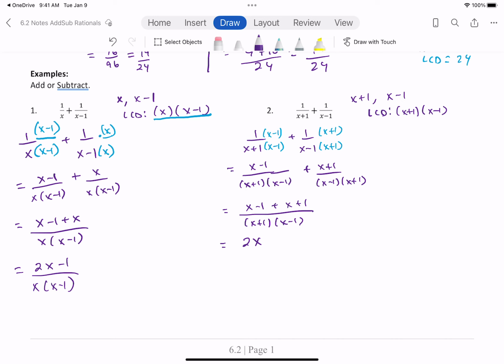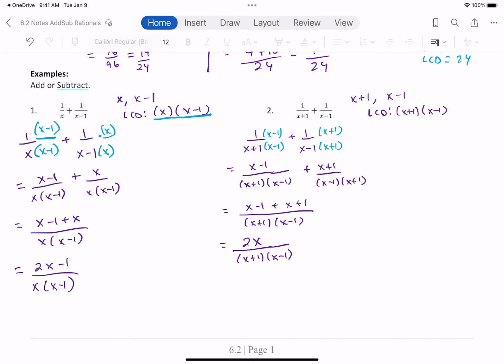Negative 1 plus 1 is going to be 0. So we get just 2x in the top. And that is over my LCD, x plus 1, x minus 1. So that's going to be our final answer.